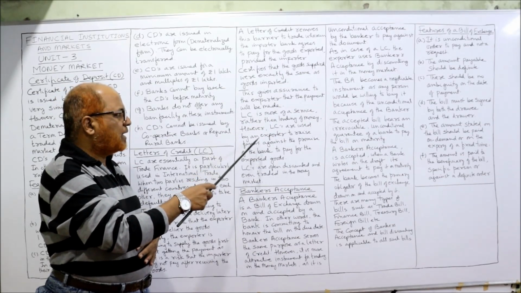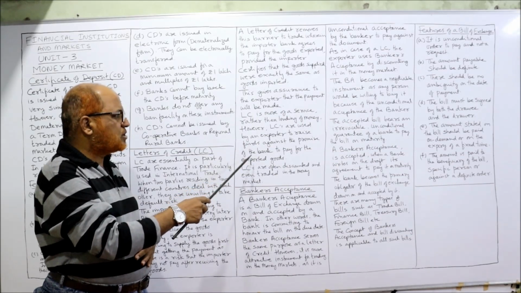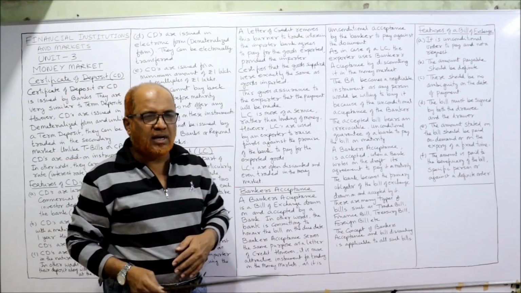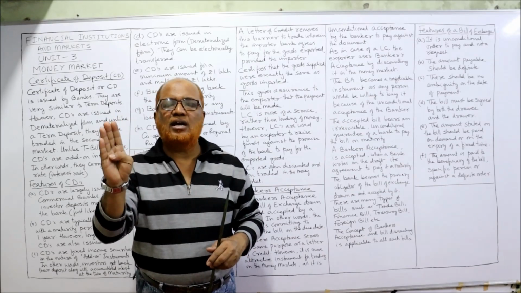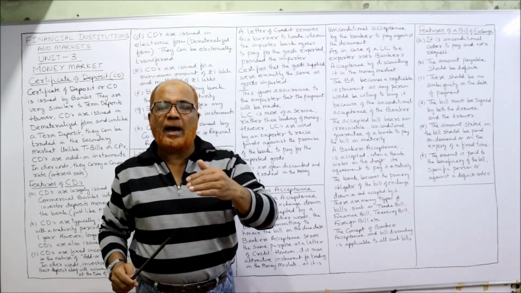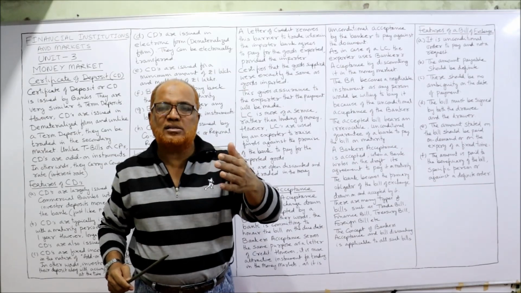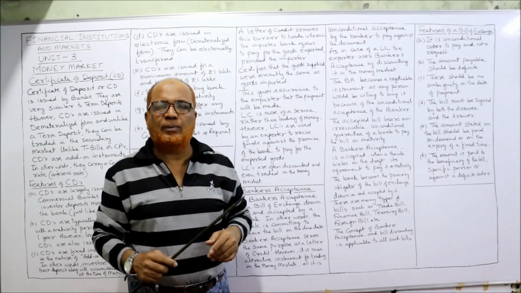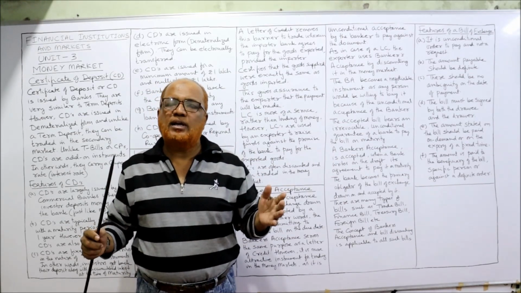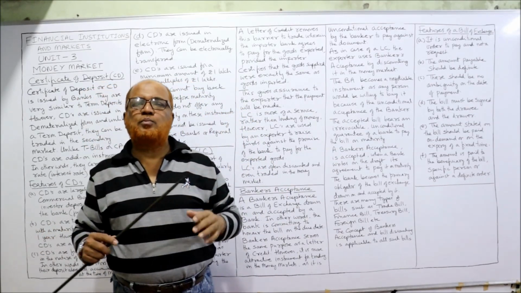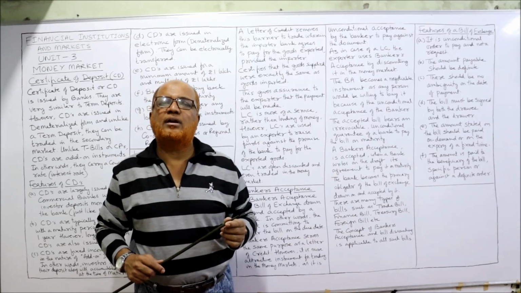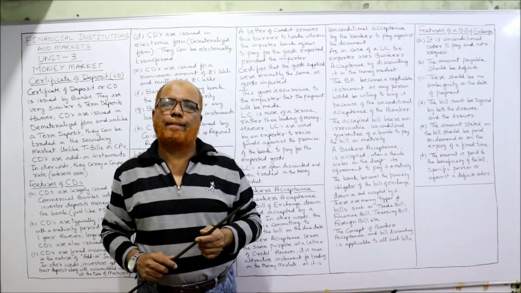However, LCs are used by an exporter to raise funds against the promise of the bank to pay for the exported goods. Actually, when an LC is issued, it is in the form of a guarantee, where the bank is giving the assurance that we will pay the amount if the person does not pay. So actually it is a service document, but the exporter will make use of the document as a financing document.